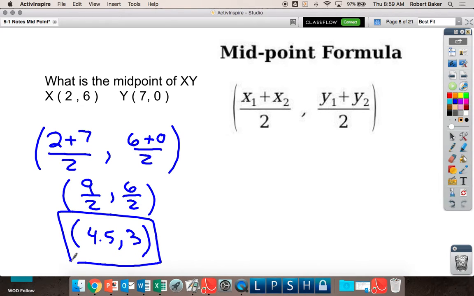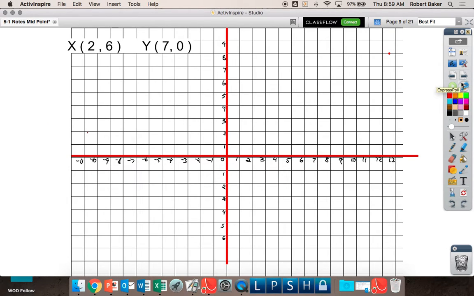In this instance, the math way is significantly more understandable. Because when you do this on a graph, and you have the point over 2 up 6, and the point over 7 up 0, you try to establish the midpoints of those on a graph. 1, 2, 3, 4, 5, 6. 1, 2, 3, 4, 5. What's half of 6? 3.